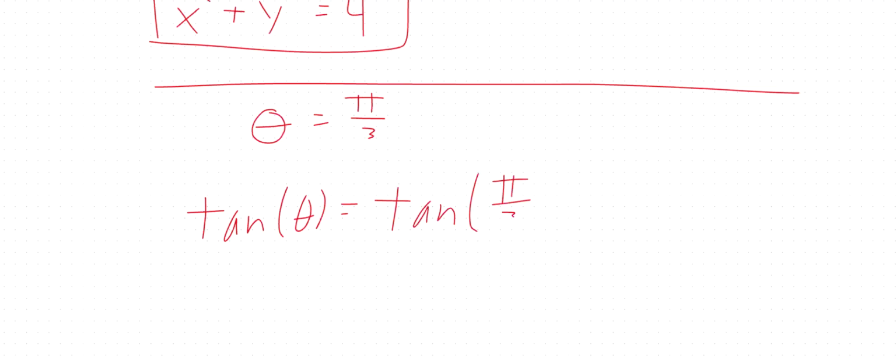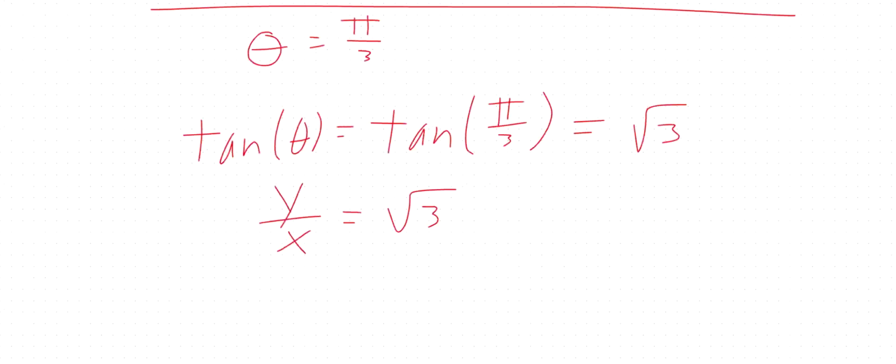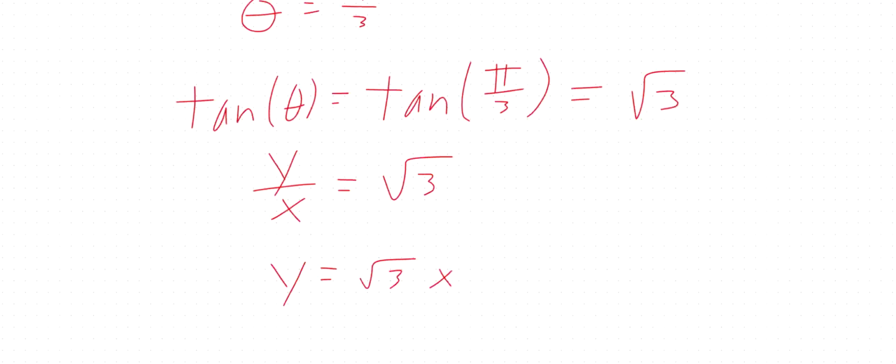Now, tangent of pi over 3 is just square root of 3. And then we know the tangent of theta, y equals square root of 3 x. If you think about graphing this, it's just a linear equation with a slope of square root of 3.